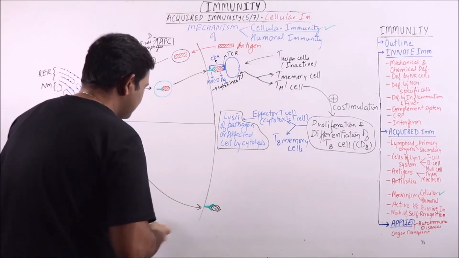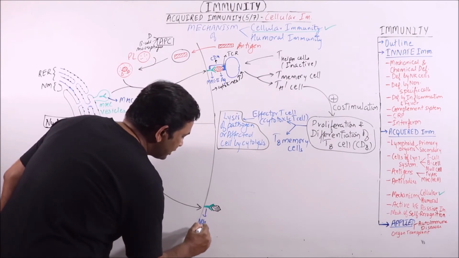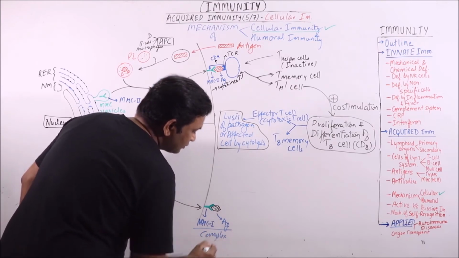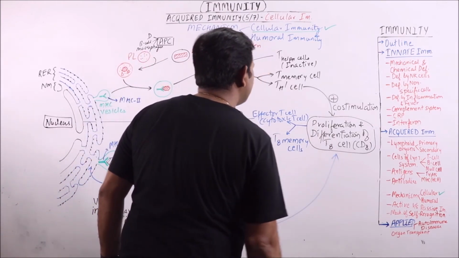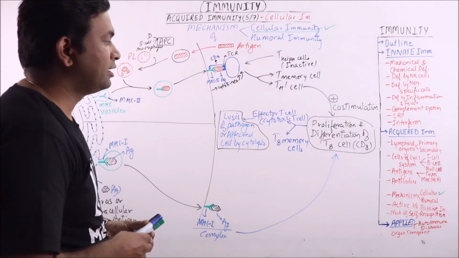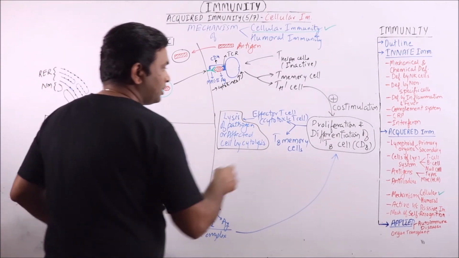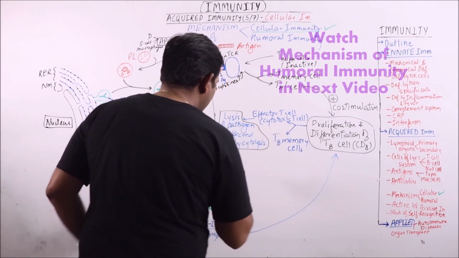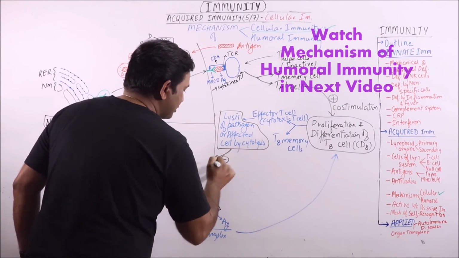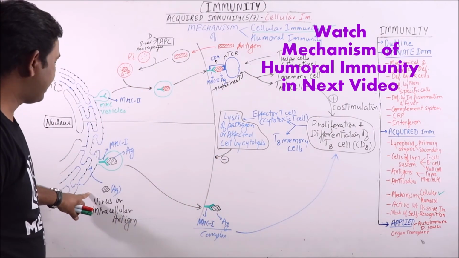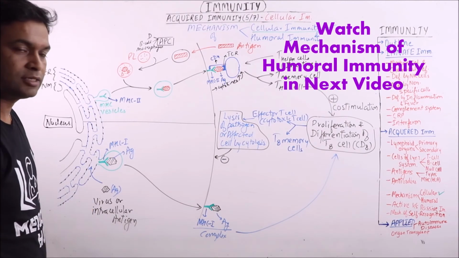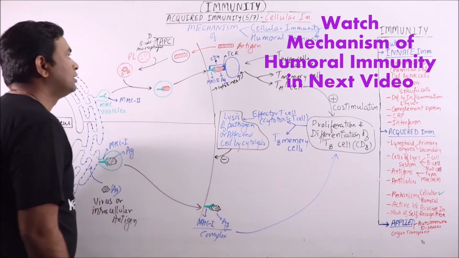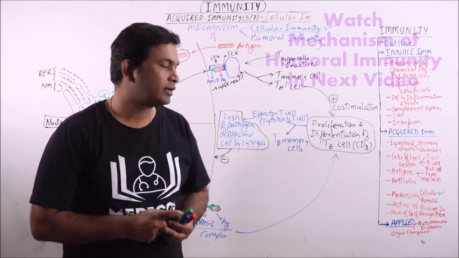This complex, that is MHC1 antigen complex, will itself stimulate the proliferation and differentiation of T8 cell into effector cell, that is cytotoxic T cell, and T8 memory cell. So this will destroy the virus affected cell or the cell having intracellular antigenic load. So these are the two mechanisms involved in cellular immunity or cell mediated immunity.